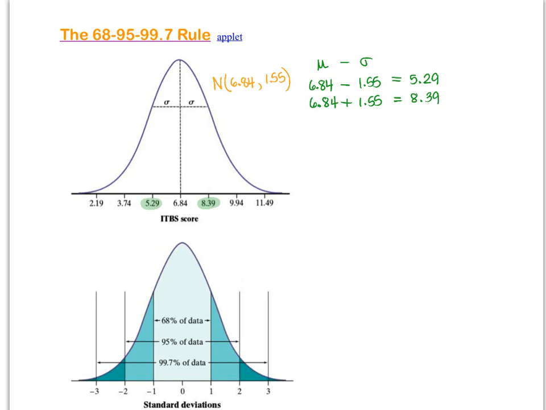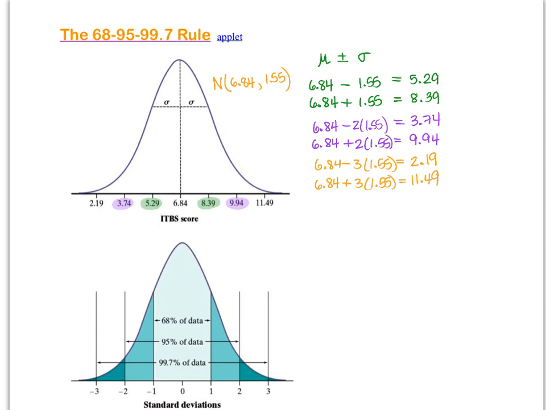Let's try adding an additional standard deviation on the right-hand side and subtracting an additional standard deviation on the left-hand side. When we subtract or add two standard deviations to the mean, we come up with the next set of numbers, 3.74 and 9.94. Let's add and subtract one more standard deviation on either side. We end up with these last numbers, 2.19, and on the right-hand side, 11.49.